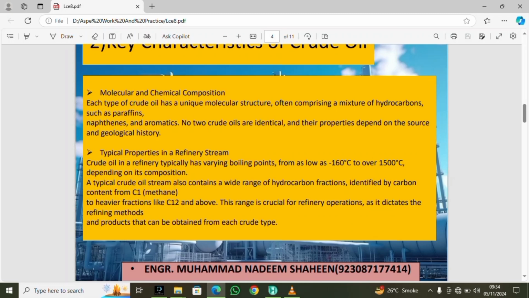Typical properties in a refining stream: crude oil in a refinery typically has varying boiling points from as low as -160 degrees to over 1500 degrees, depending on its composition. A typical crude oil stream also contains a wide range of hydrocarbon fractions identified by carbon content from C1 to C12 and fractions like C12 and above. This range is crucial for refinery operation, and it indicates the refining methods and products that can be obtained from each crude type.